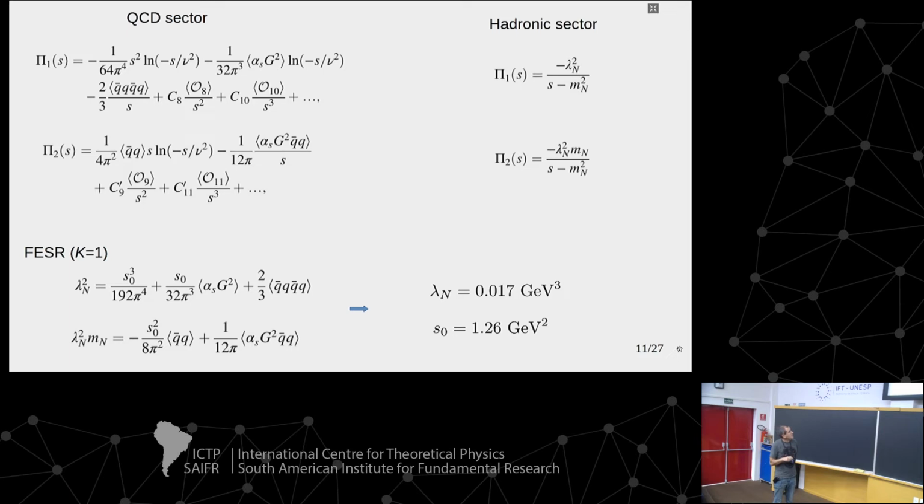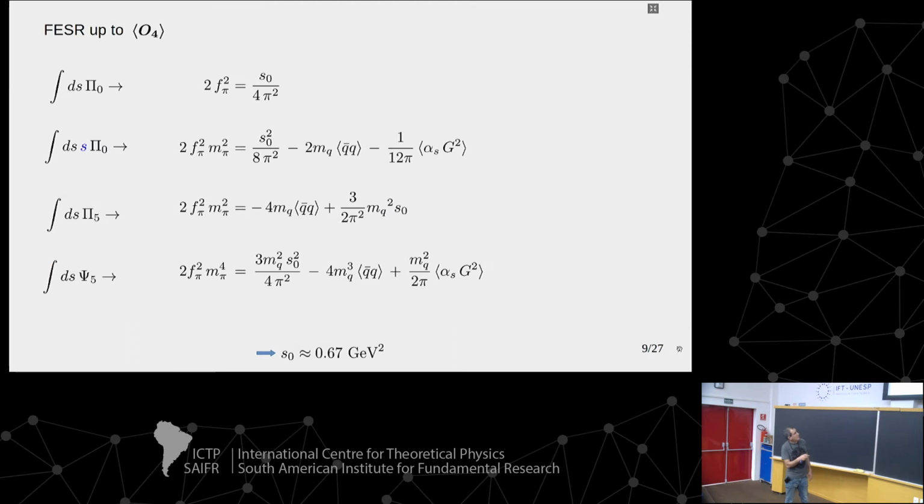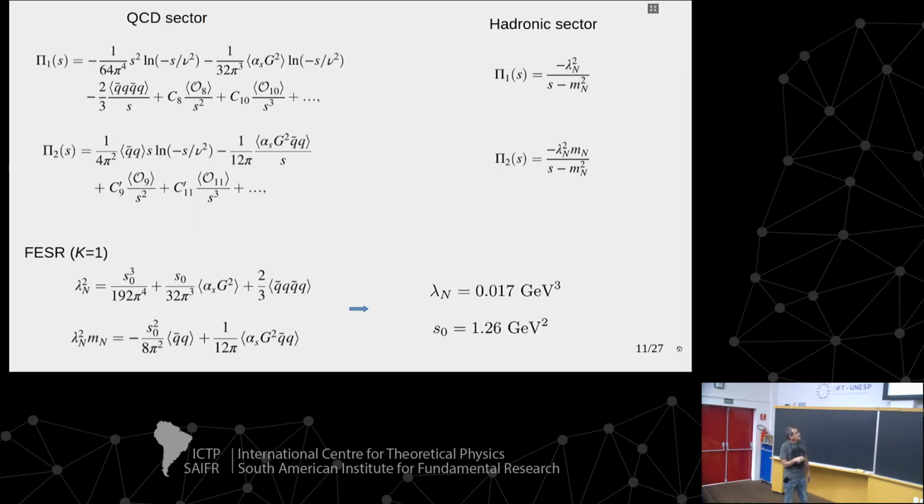Yeah? And we have these 2 equations. I didn't say it, but of course, in this case there are 4 equations but 6 parameters to determine, so we need some inputs: f pi and m pi. Here, by setting the nucleon mass, I think that's it.